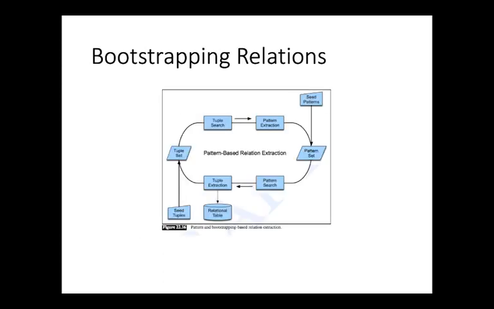And we end up with a kind of bootstrapping approach to relation extraction. So we have seed tuples that are added to our tuple set. Then we search for tuples. Then we extract patterns based on those tuples. Those are added to our pattern set, along with any seed tuples or seed patterns we started off with.